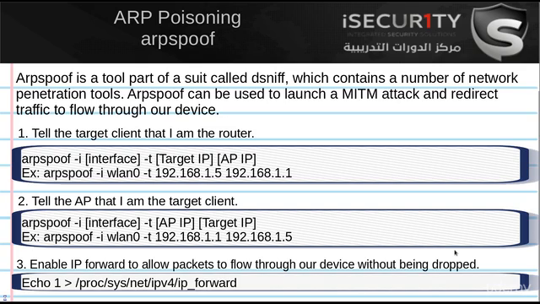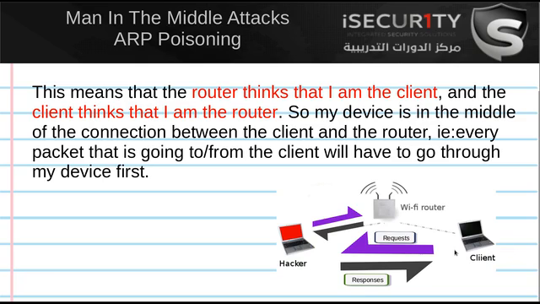So when the client wants to send a request, it will send the request to us. For example, when it wants to open google.com, it will send that request to our device instead of sending it to the router. Now our device will go to the router and get google.com.